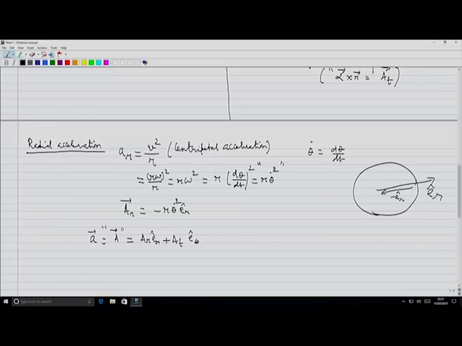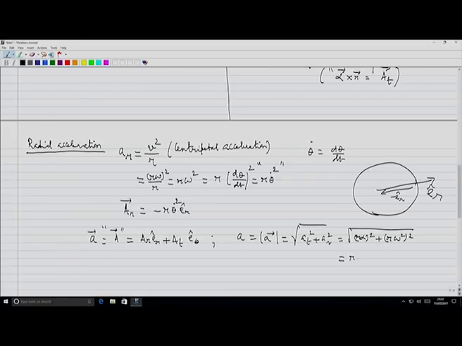Right? Therefore the magnitude of the acceleration vector a is equal to the square root of a_t squared plus a_r squared, that is (r alpha) squared plus (r omega squared) whole squared.